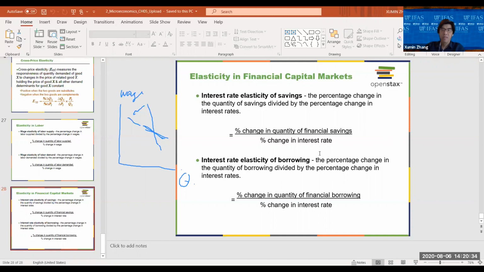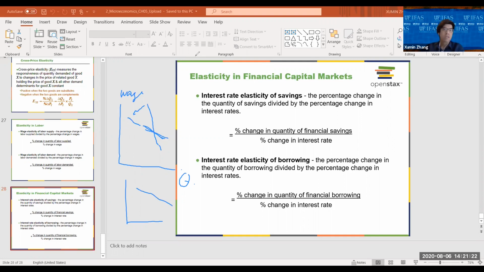So whether the interest rate response is very elastic, or inelastic, or less elastic. Generally speaking, I would say this is an elastic one. If the interest rate increases, the business or the household will reduce their investment a lot. So this is comparatively sensitive to interest rate change.